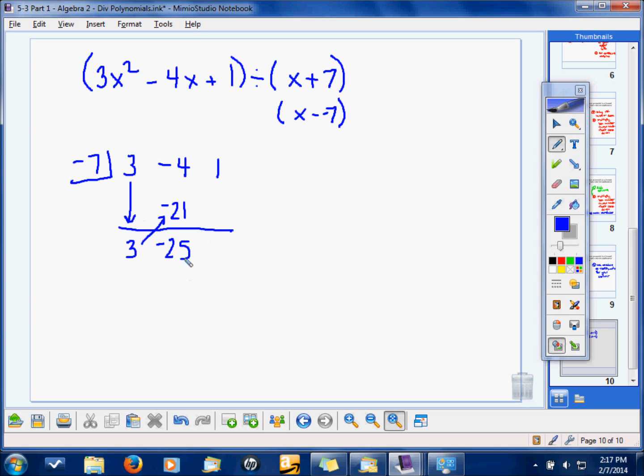And when we multiply this, it gets to be kind of yucky. 175. And our number that comes down here is 176. That's our remainder. Our remainder is 176.